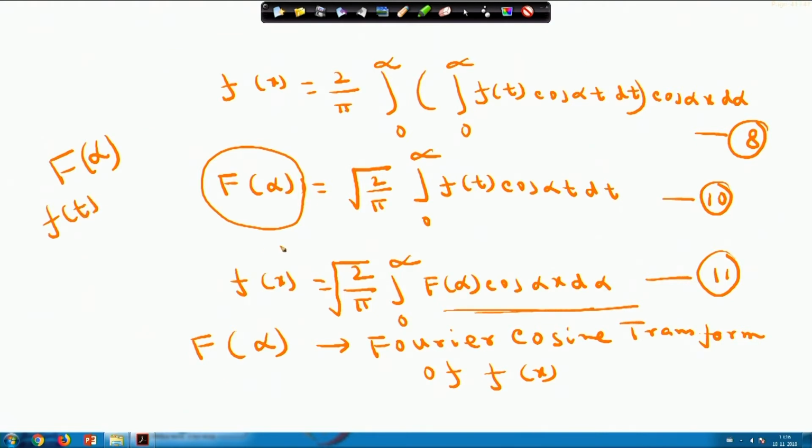Then it is an integral equation for the function f(t), and formula 11 gives the solution of that equation. So, we call F(alpha) the Fourier cosine transform of the function f(x), and if I know F(alpha), then I can represent it in terms of f(x) also.